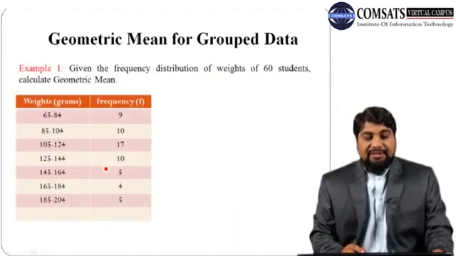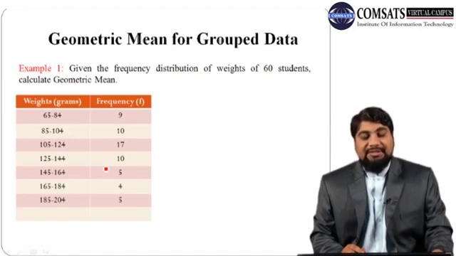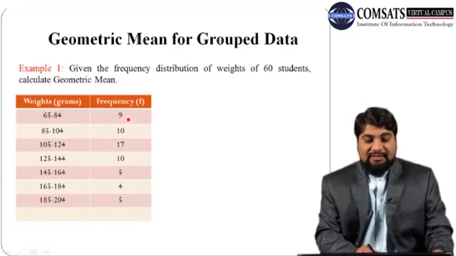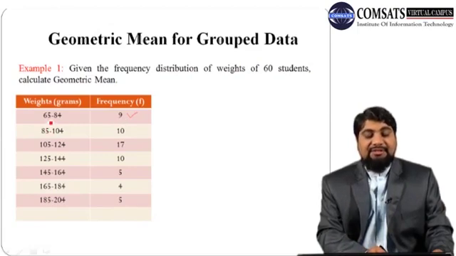Here the question is, given the frequency distribution of weights of 60 students, calculate the geometric mean. Look at the first column, we have weights in grams, and in the second column we have frequencies or number of students. As far as the first class is concerned, there are 9 students having weight from 65 grams to 85 grams.